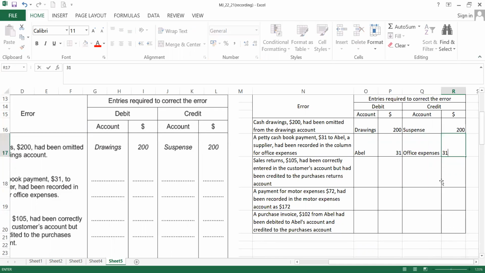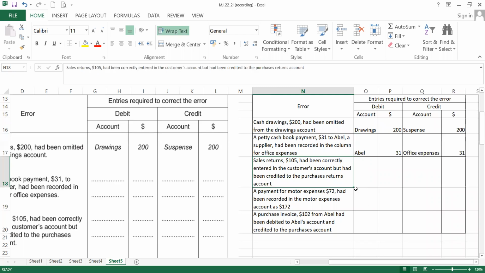So 31. Now, sales return 105 has been correctly entered in the customer account. So we already put in credit customer account, correct, but it has been credited to the purchases return account.